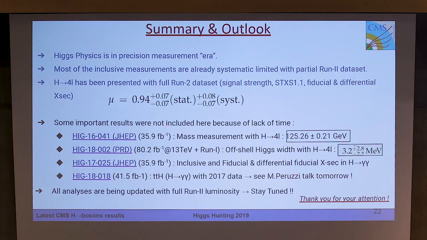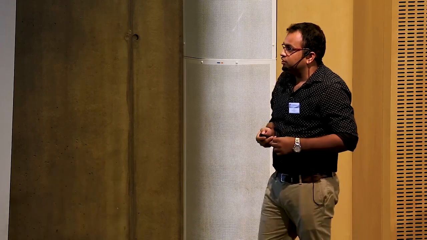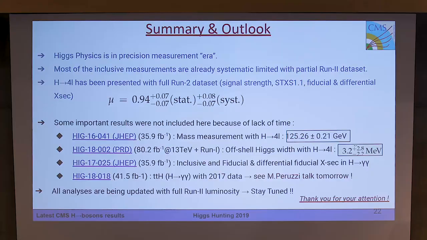But in terms of summary, Higgs physics is in the precision measurement era. Most of the inclusive measurements are already systematically limited with the partial run-2 data set. And Higgs to 4 lepton has been presented with full run-2. I didn't cover many other analyses within this short time.